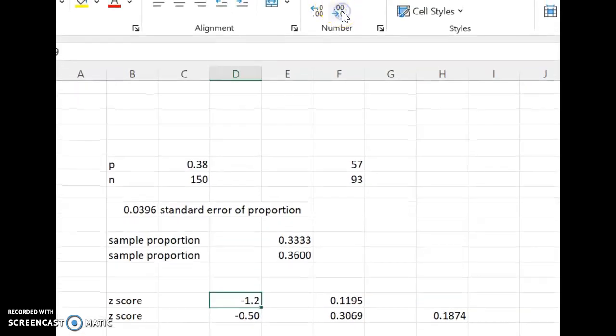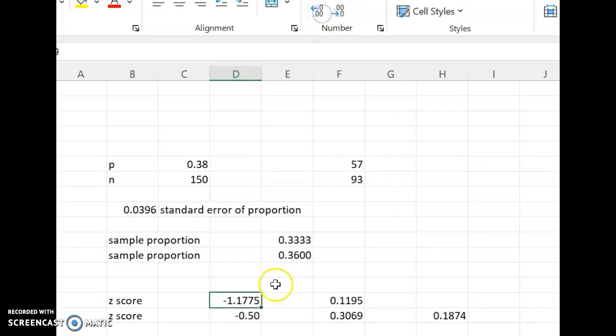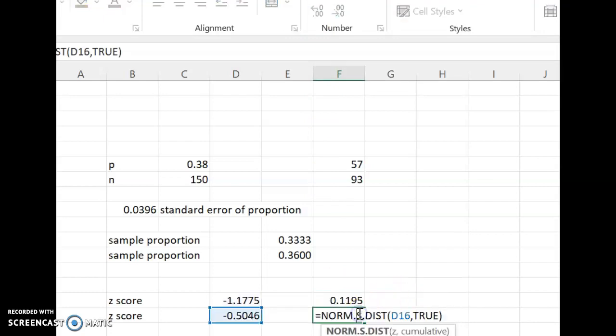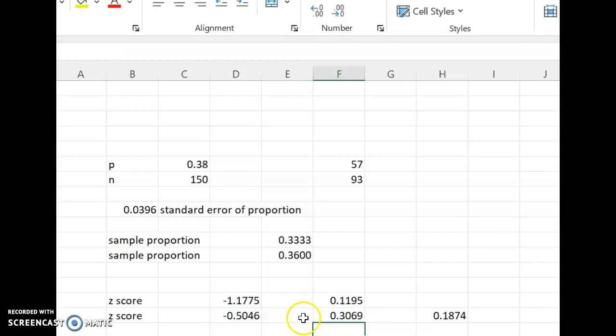Alright, so we're going to make that 4, and we're going to make this 4. So when you do this and then subtract, you'll get 0.1874. So as you're working this, make sure you round to 4 decimal places for the z-score. Well, for everything.